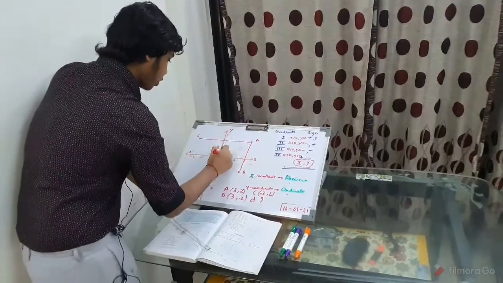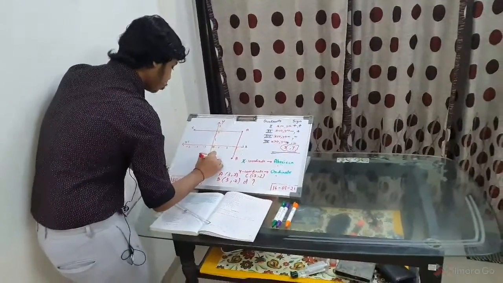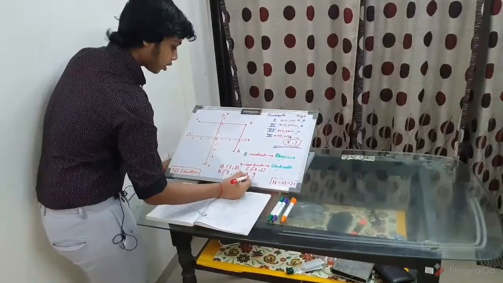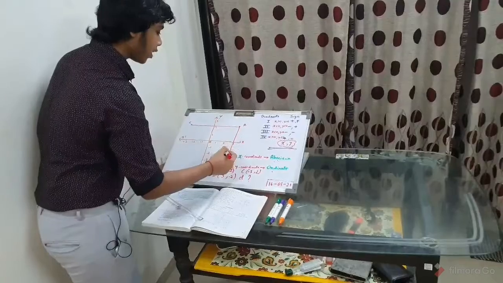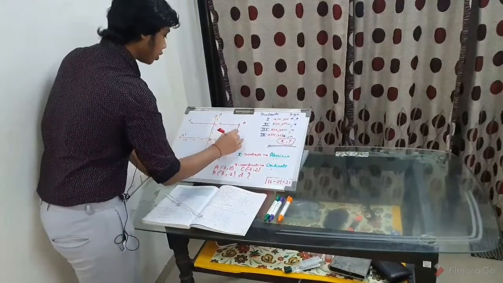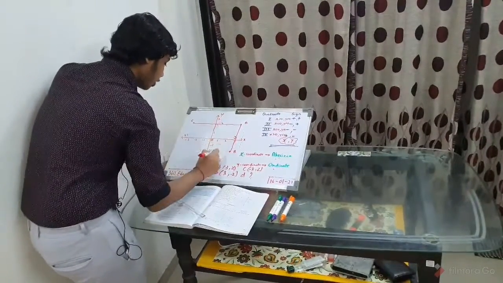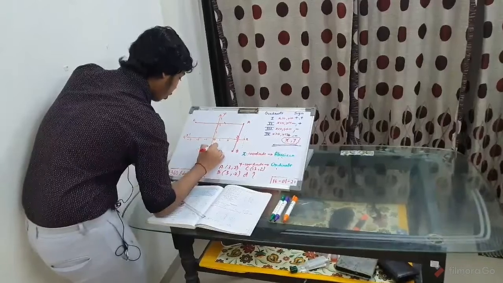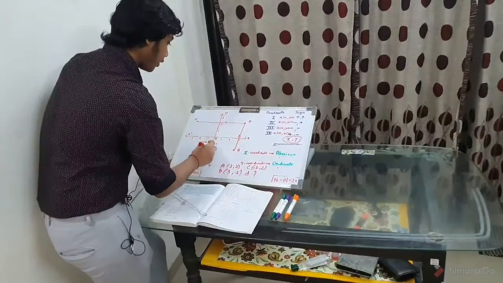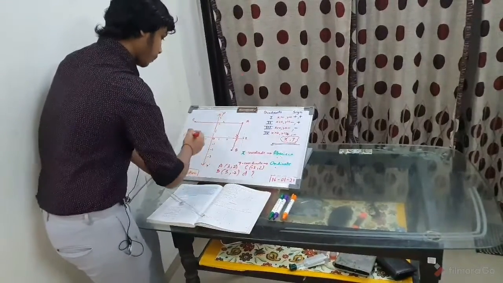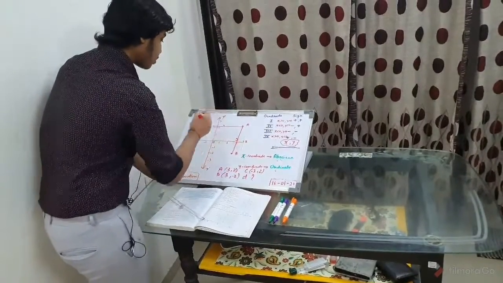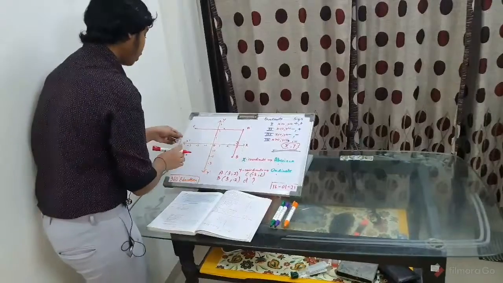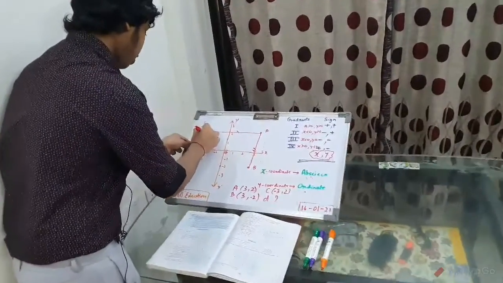First, if it is 2 up, then it should be minus 2 also, as it says it's a rectangle and the sides of the rectangle are parallel to each other. So it should be at the same ordinate and at the same abscissa, which is minus 3, because the sides of a rectangle are parallel to each other.